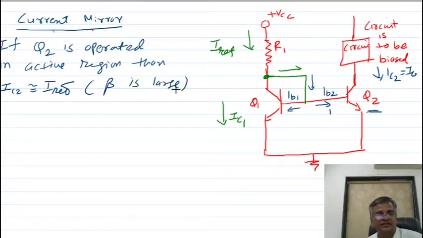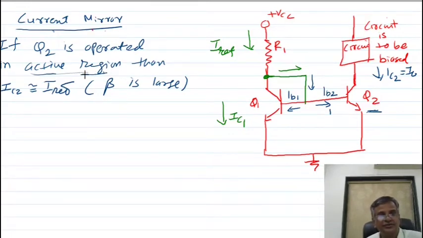You must know what the active region means: the region between saturation and cutoff. In this region, the collector current does not depend on transistor parameters, and not so much on the collector emitter voltage.